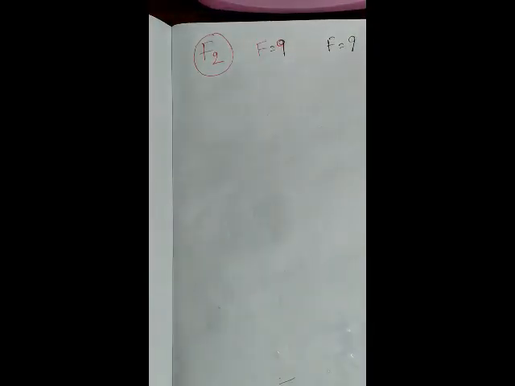This is the first fluorine atom, and this is the second fluorine atom. Here the atomic number is 9, and for the second fluorine atom, the atomic number is also 9.